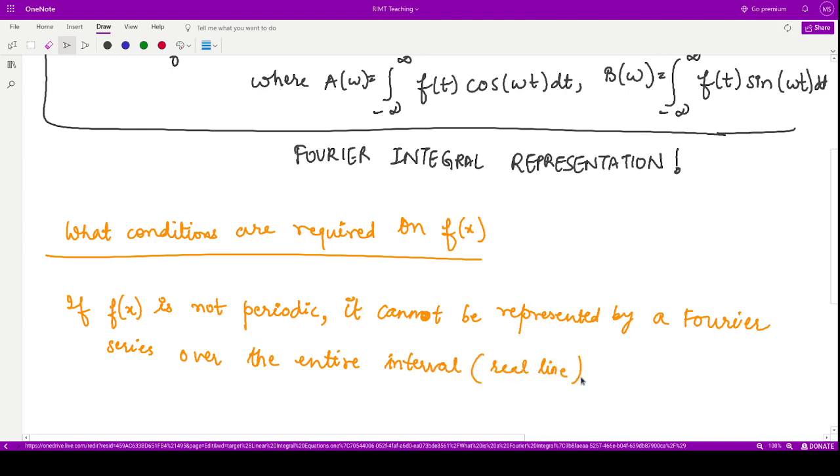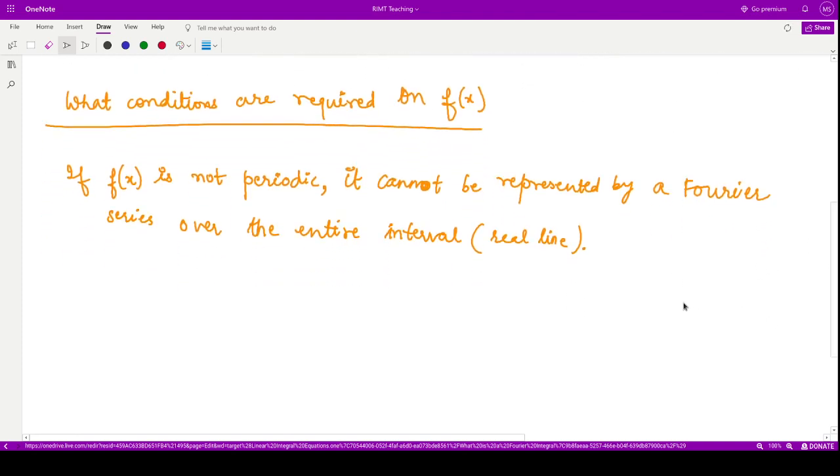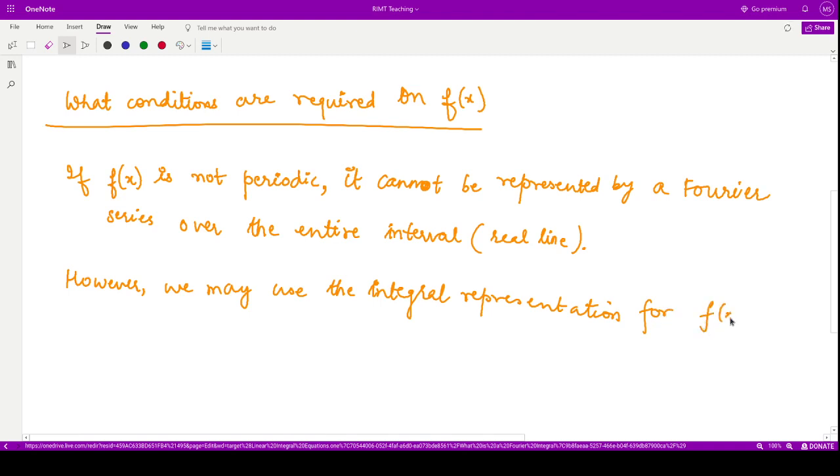So in that case, what we can do is use this integral representation. We may use the integral representation for the function f of x.